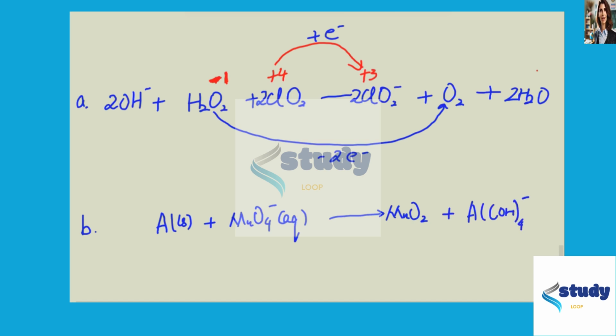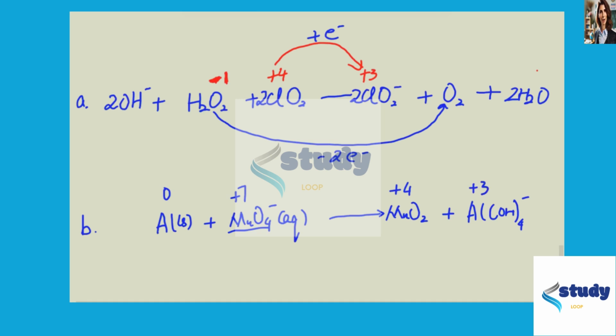Let's see, aluminum has a 0 valence state. For the permanganate, the valence state of manganese is +7. When it forms manganese dioxide, it becomes +4. And aluminum hydroxide ion has aluminum at +3.